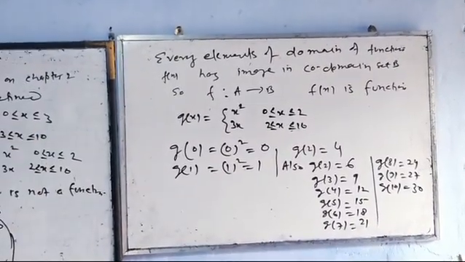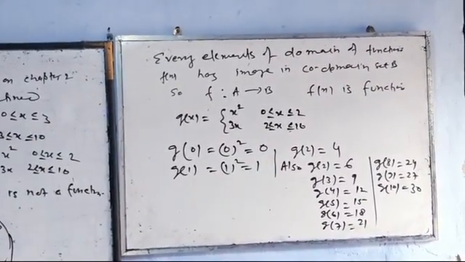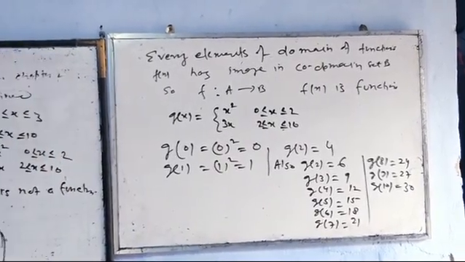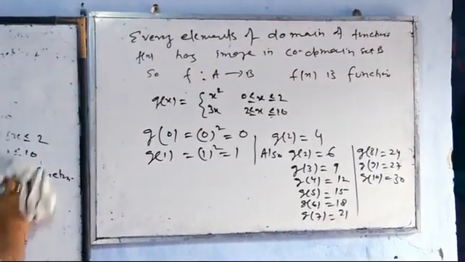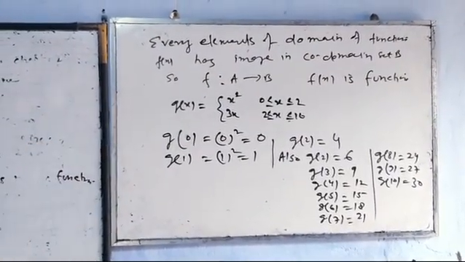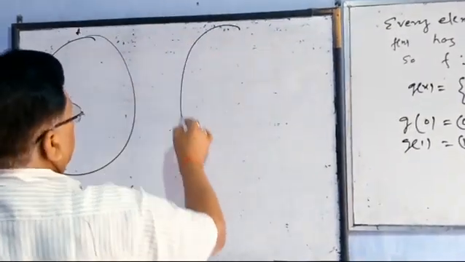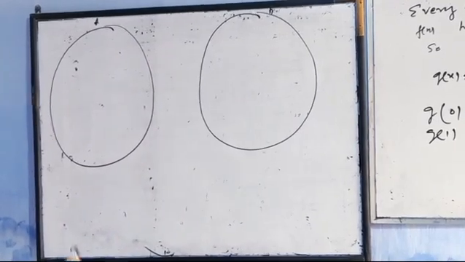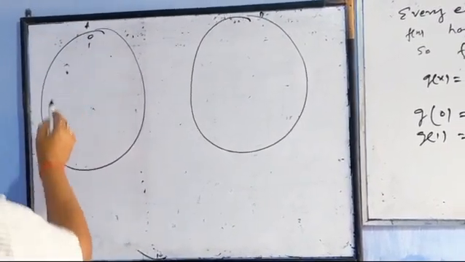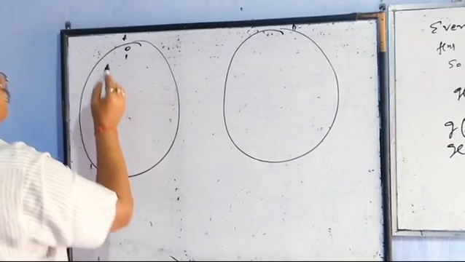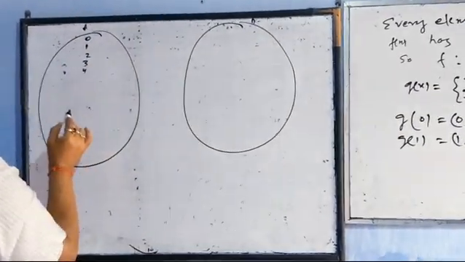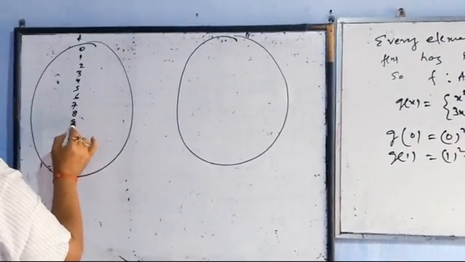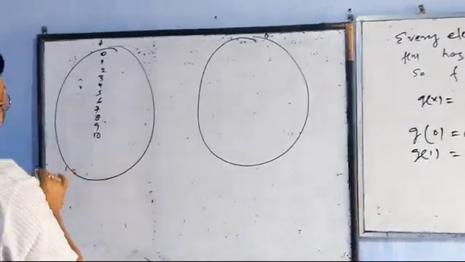Now we represent this in a picture. Here we see what is the result of this. By picture we can show it: set B is the codomain, and this is the domain. So 0, 1, 2, 3, 4, 5, 6, 7, 8, 9, 10 here.